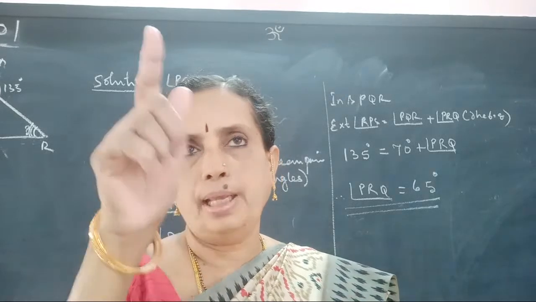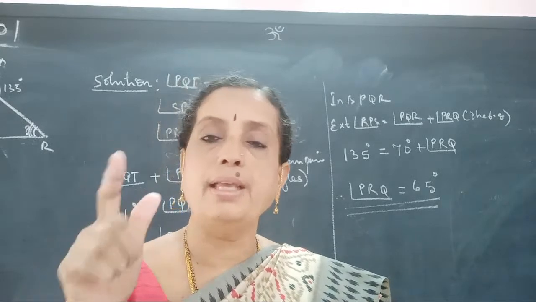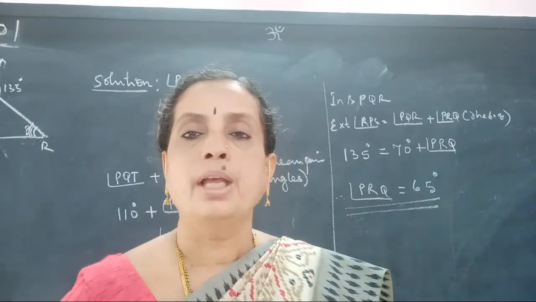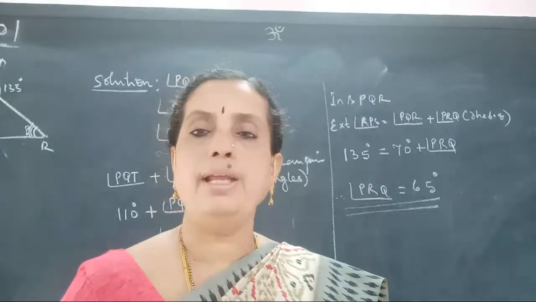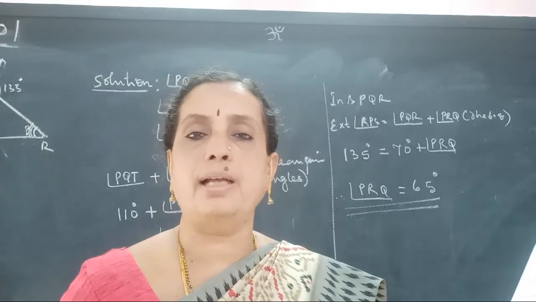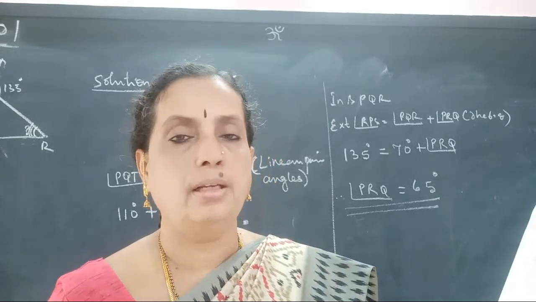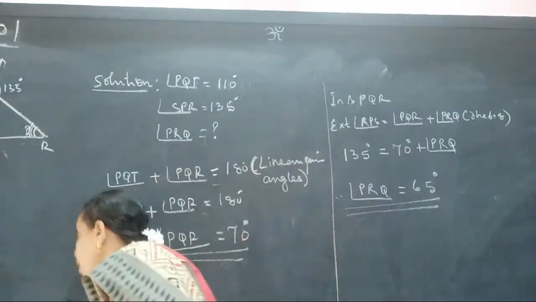For example, in ABC, B and C are base angles, A is its vertex angle. In this question, XYZ is a triangle, Y and Z are the base angles, X is its vertex angle. Is it clear? So now we'll have this question. Get the figure now.